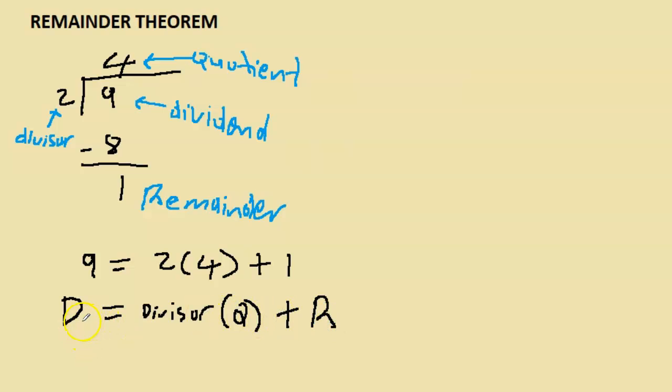Alright, so the dividend, which in this case is 9, is equal to the divisor times the quotient plus the remainder. And that is always the case. Now, let's get a little bit abstract.